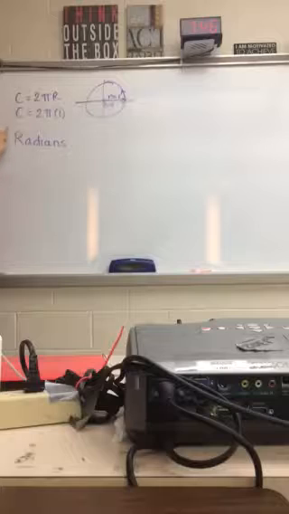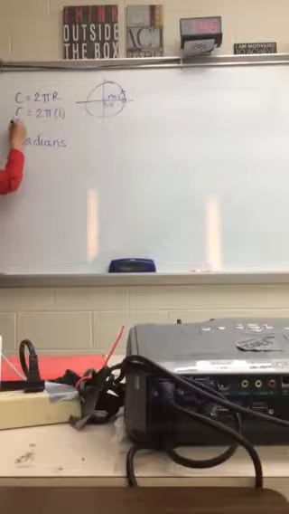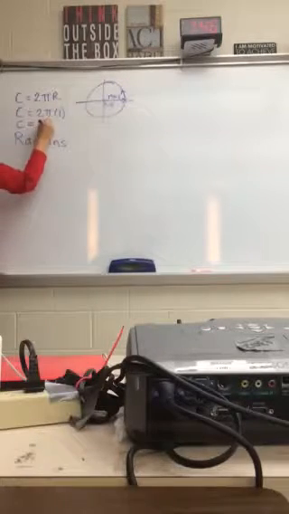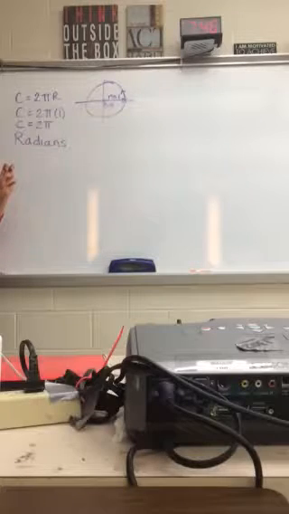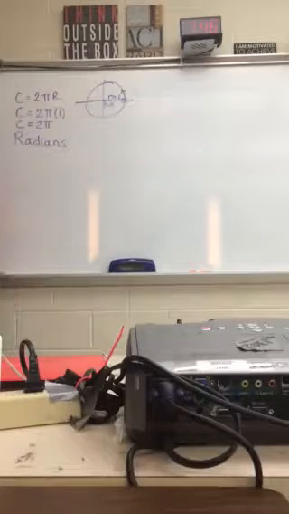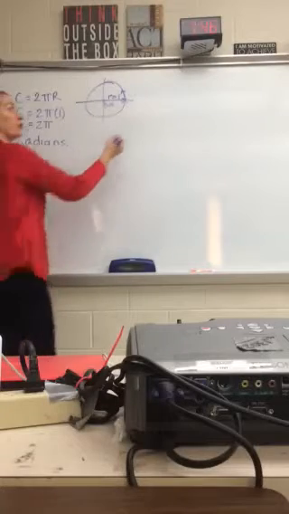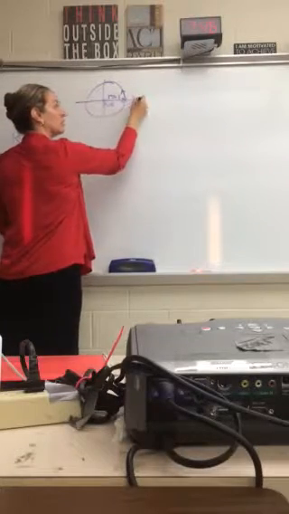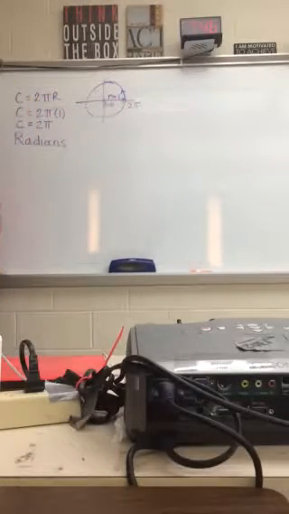So according to this formula right here, if we were using math in terms of pi, if you start at X and run one complete lap, how far did you run? 2 pi, didn't you?